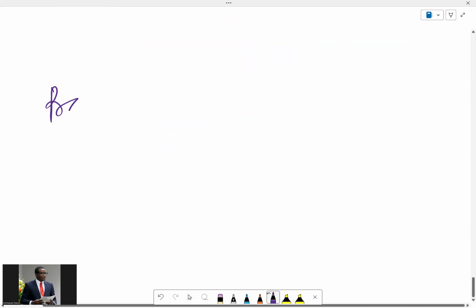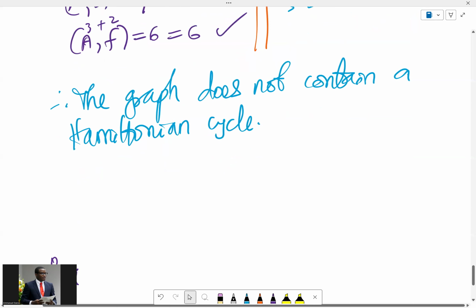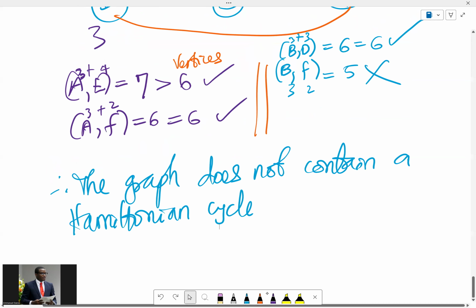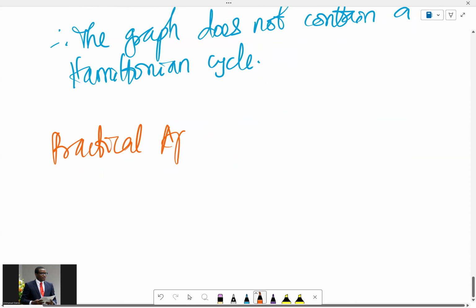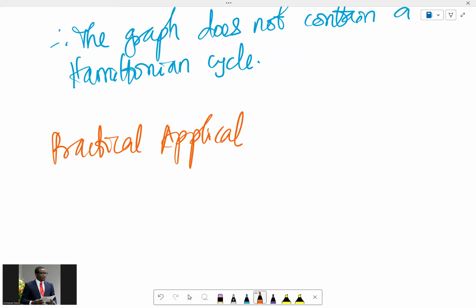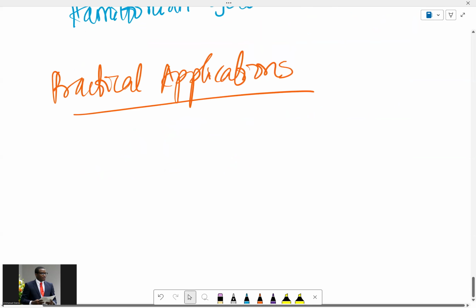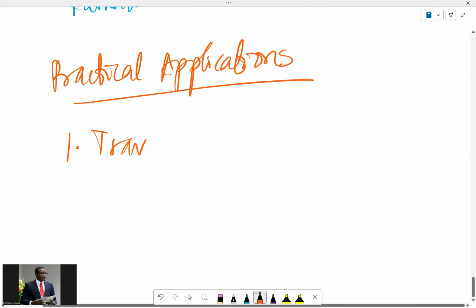Practical applications of Dirac's and Ore's theorems. The first one is, of course, the traveling salesman problem.